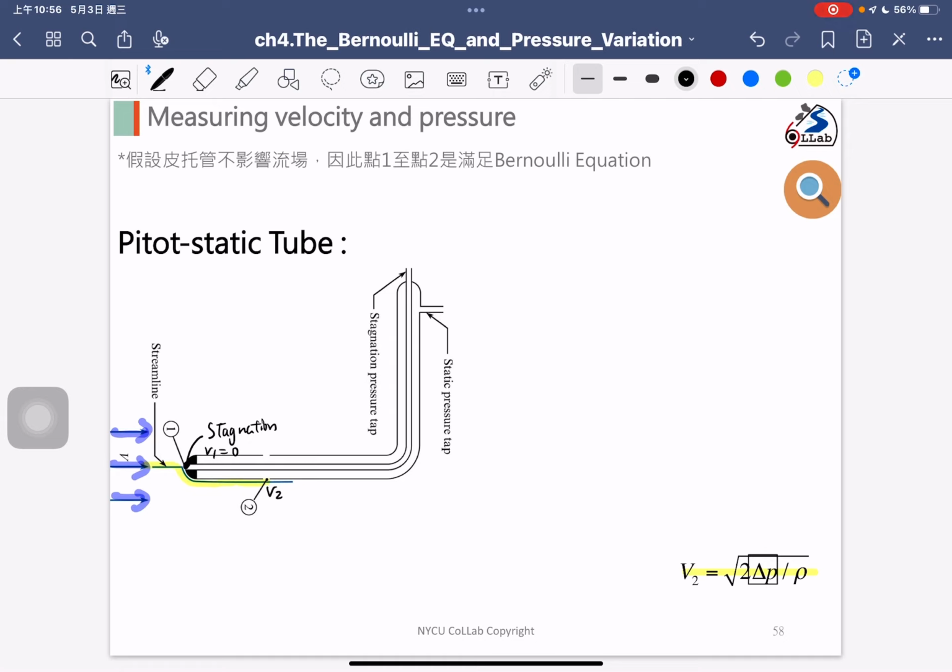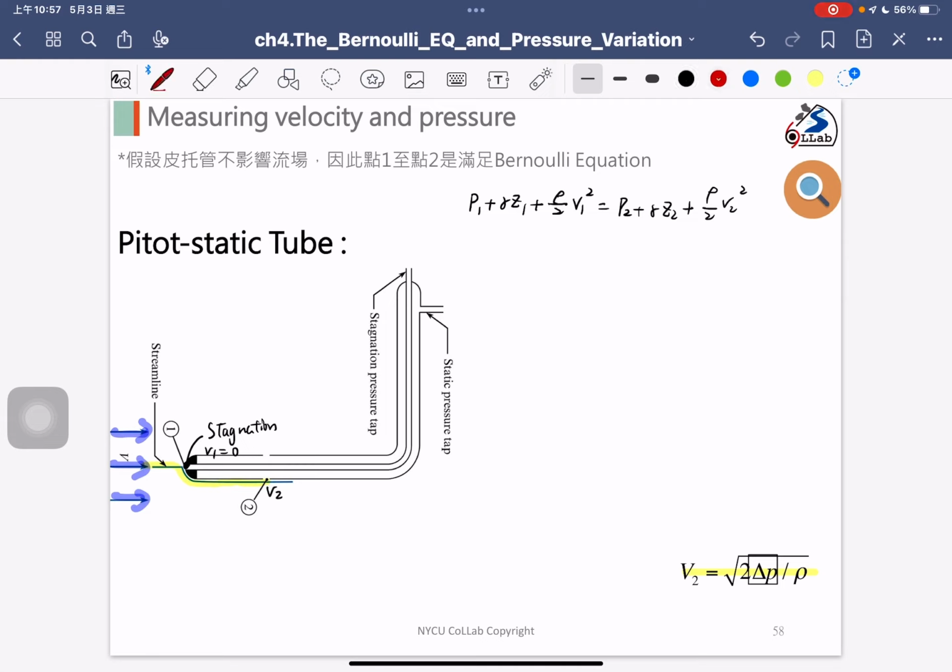Along the same straight line, based on the Bernoulli equation, P1 plus gamma Z1 plus one half rho V1 squared will equal P2 plus gamma Z2 plus one half rho V2 squared.